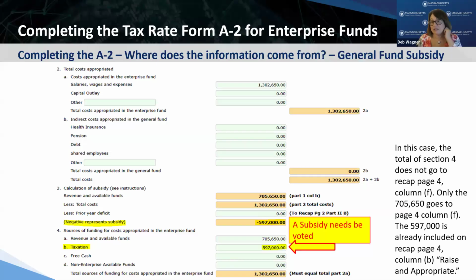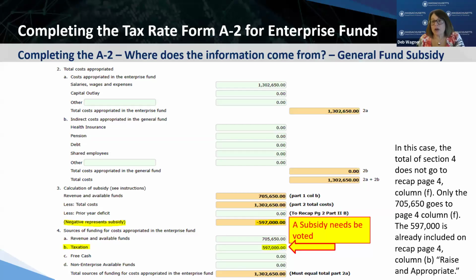Now there's a twist on this. The $705,650 is the amount that's going to carry forward to the enterprise fund column on recap page 4. And the reason for that is this $597,000 is already in the raise and appropriate column, column B on recap page 4. So you don't want to duplicate that.